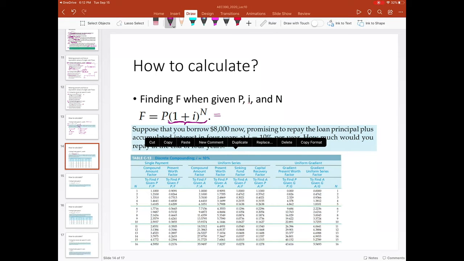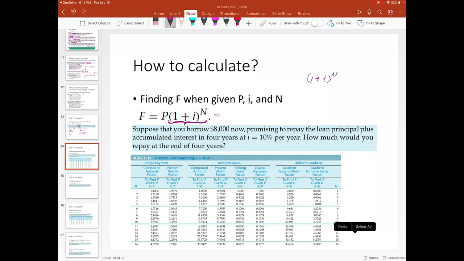Then we have a term or a factor to represent this term. Here, 1 plus I to the power of N can be written as what?